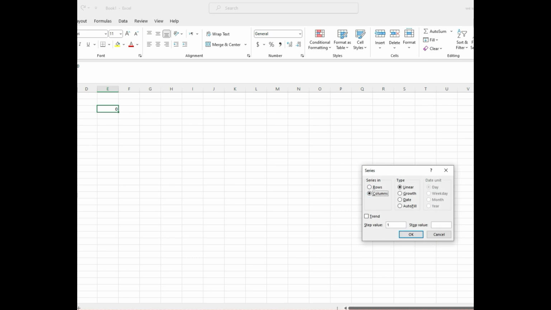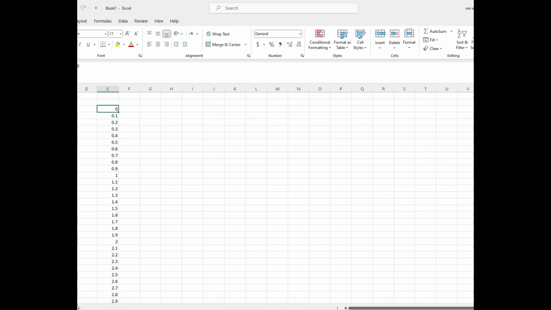We'll choose the columns. The step value is around, let's say, 0.1, and for the stopping value, we know that our periods will finish after 14.8, so let's say finish at 16 minutes, and see the results. Now this one is the actual time, by the way. This is the actual time.